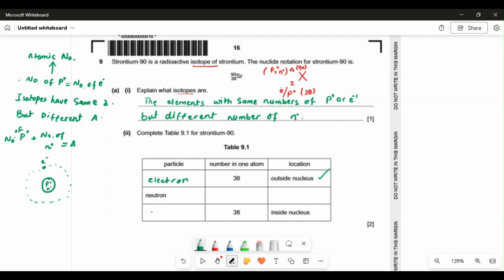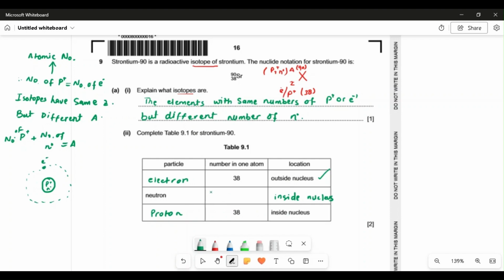So this one is the proton, inside the nucleus with a positive charge. The remaining is neutron. Neutrons are also inside the nucleus, so you can also say nucleons, because protons and neutrons remain inside. So how much is the number of neutrons?